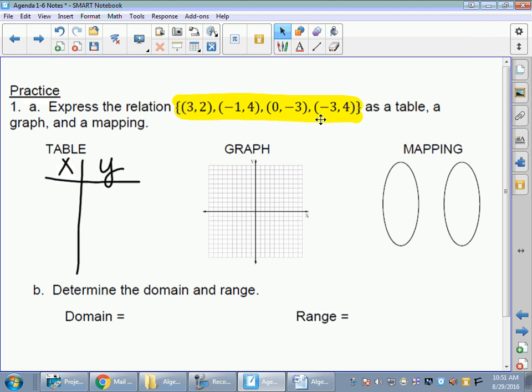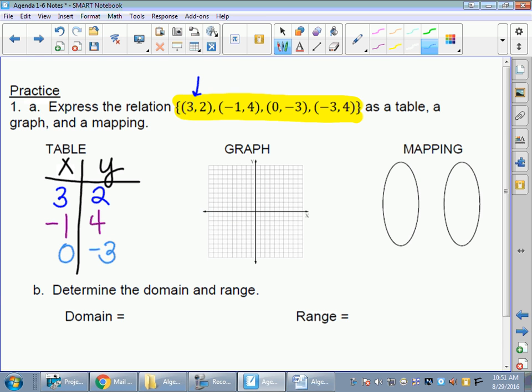My first x value from my set of ordered pairs is 3, and the y value for 3 is 2. My second value is -1 for x, which goes with 4 for y. My next ordered pair is 0 with -3, and my last ordered pair is -3 that goes with a 4.